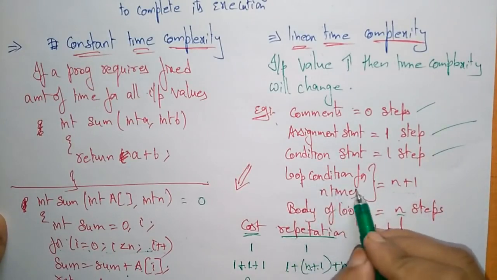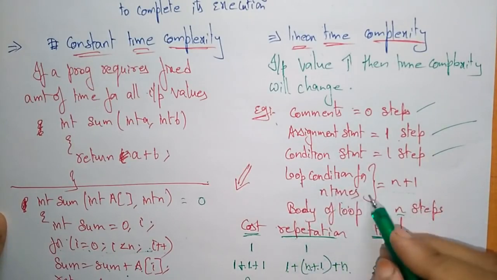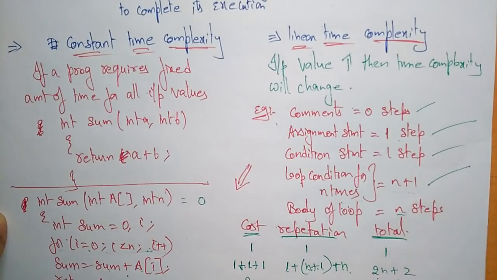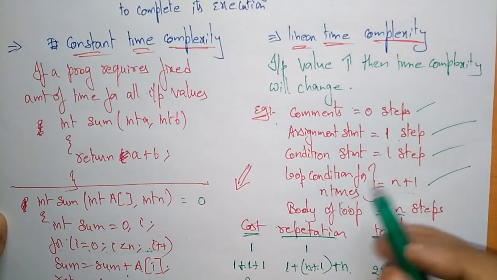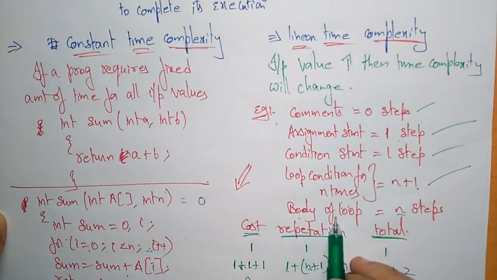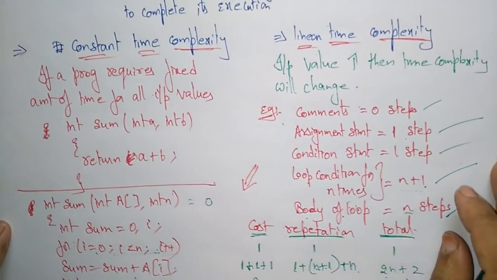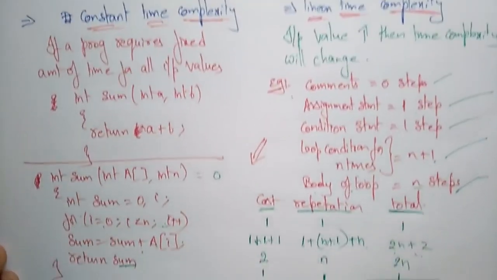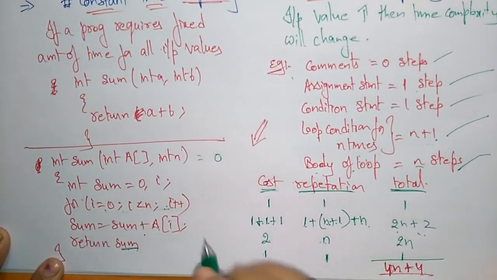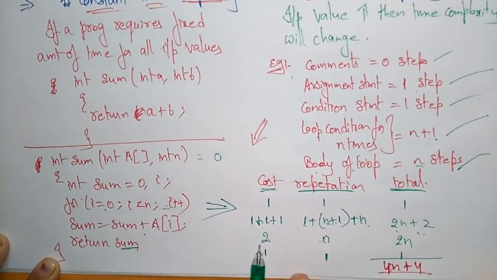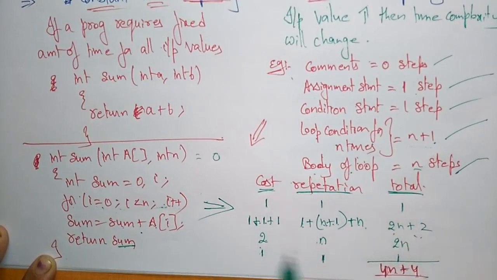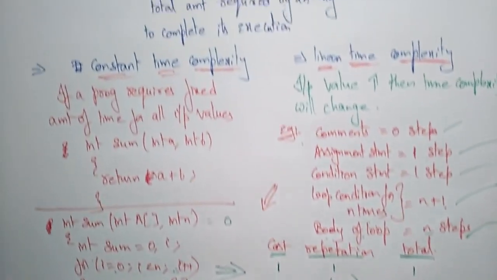Whenever you have loop conditions running n times, you take it as n plus 1 steps, and the body of the loop is calculated as n steps, the linear time complexity. This is an example, and for this example you calculate the cost and the time complexity. Thank you.